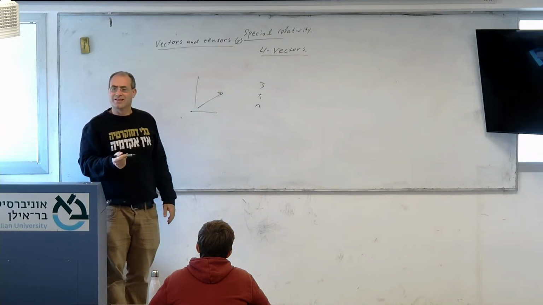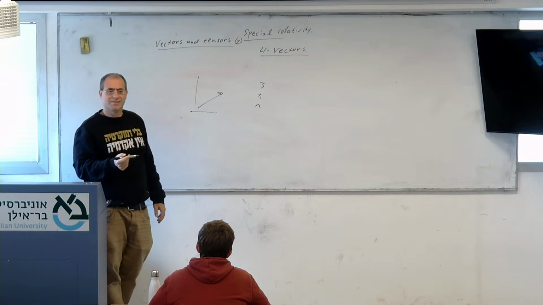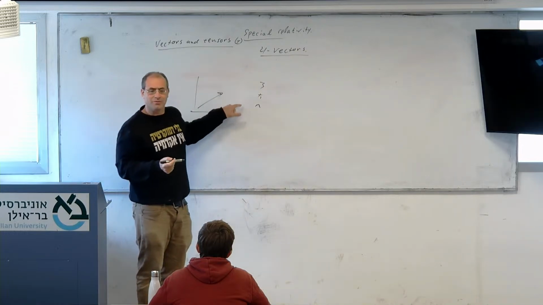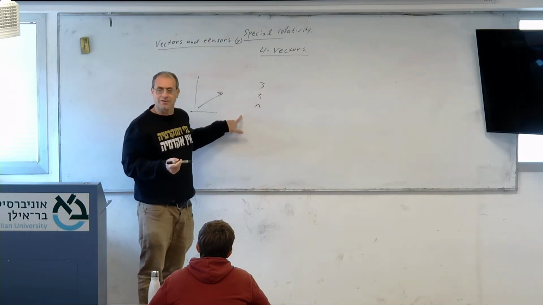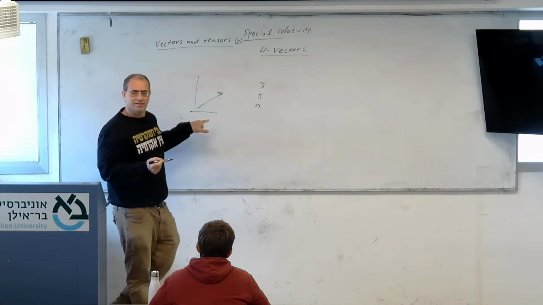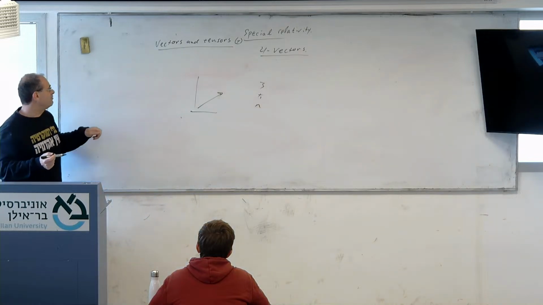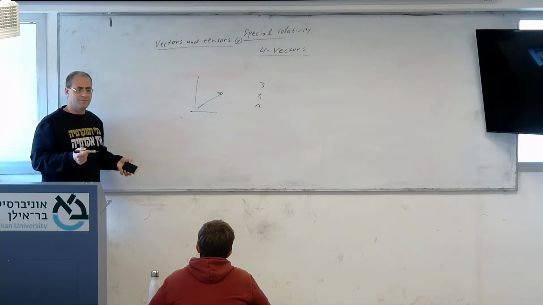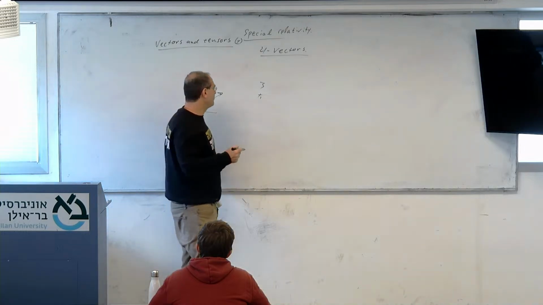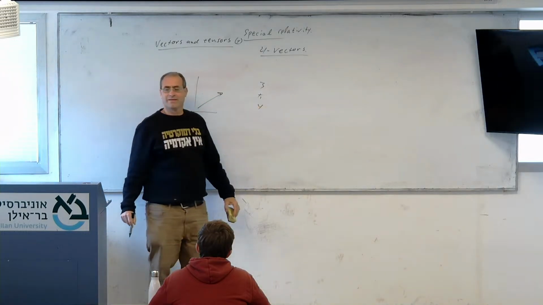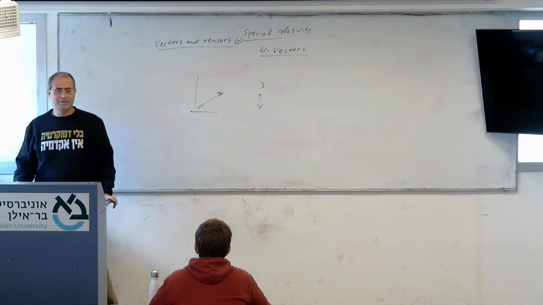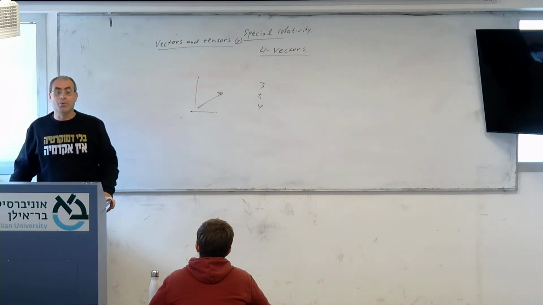How do you call these numbers? Components, right? Yes. And what can we say about the vector? That there is what? Then we change the coordinate system. These components change in a certain way, not in a random way. Right.